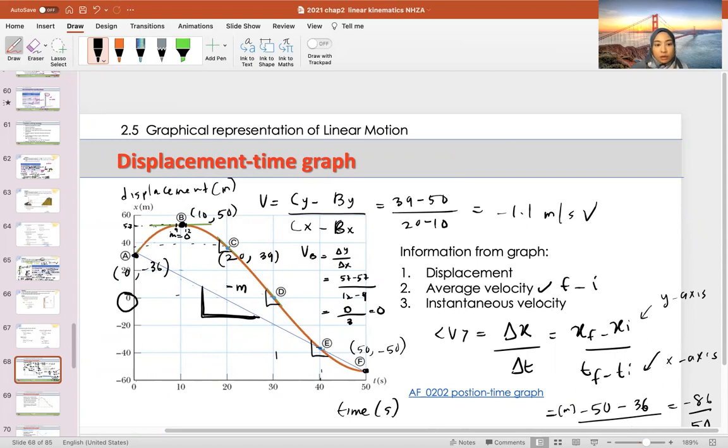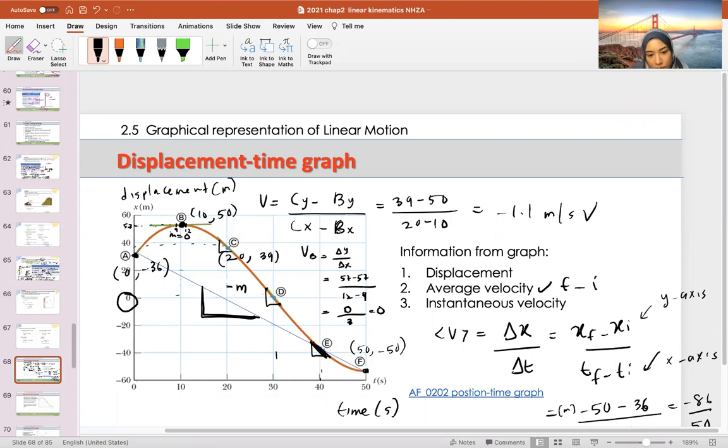Instantaneous velocity, how do you find it? You make a small line at that point that you are trying to find the instantaneous velocity. In this case, we can find the instantaneous velocity at point B, which is 0. We can find the instantaneous velocity at point C, which is a negative. The slope is going down. We can find the instantaneous velocity at point D. Just kena tahu cari gradient dia kat situ lah.